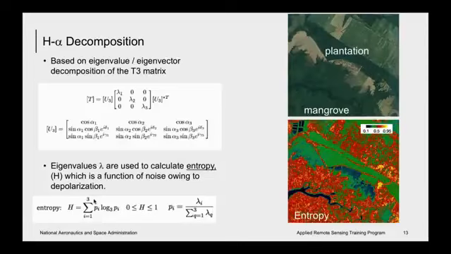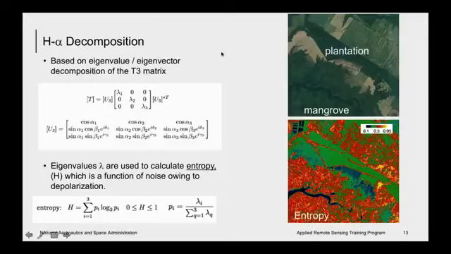And this is one example. This is a site in Costa Rica, and you can see at the top you have a screenshot of Google Earth. And we can see some plantations here, and you can see mangroves here. And these are all green, right? You don't see a lot of difference in reflectance in those areas.